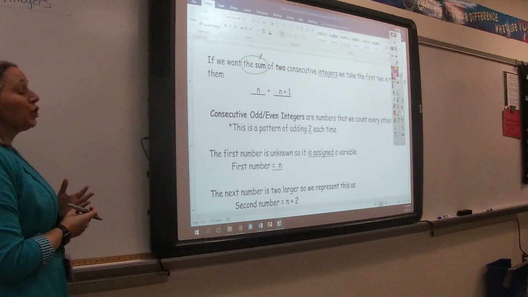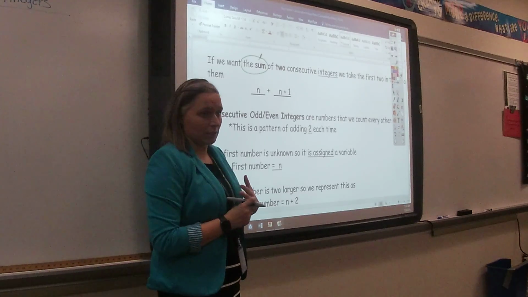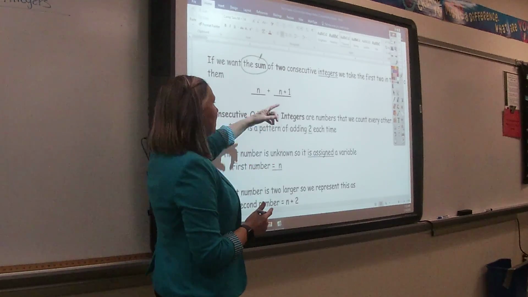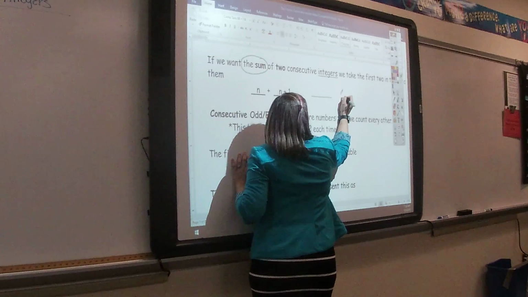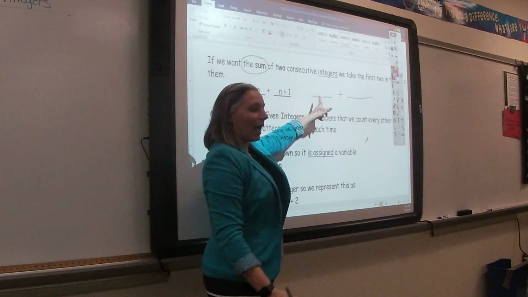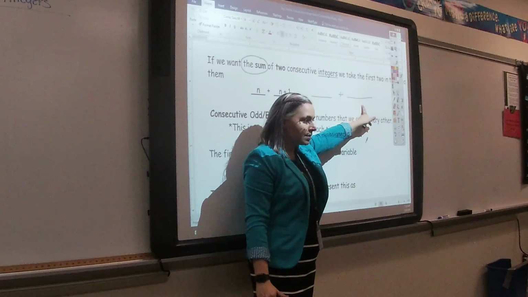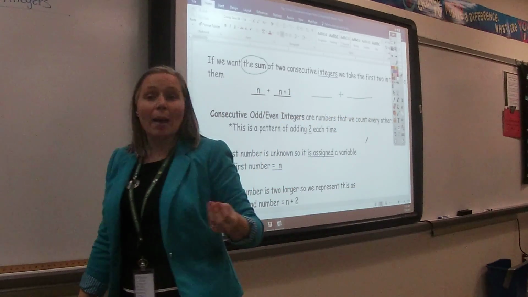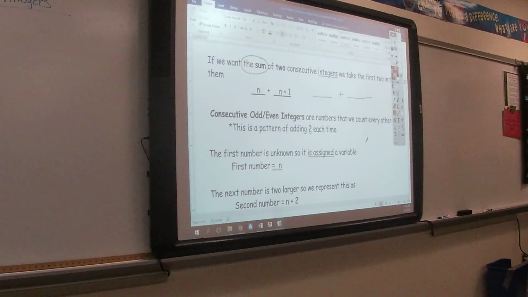Add of 2 consecutive integers. Well, we know we need to add 2 things. You don't need to write this down, it's already filled in, right? I'm adding something plus something else. The first one that I'm adding is a number. We said a number would be a variable, and then the next one would be 1 larger.